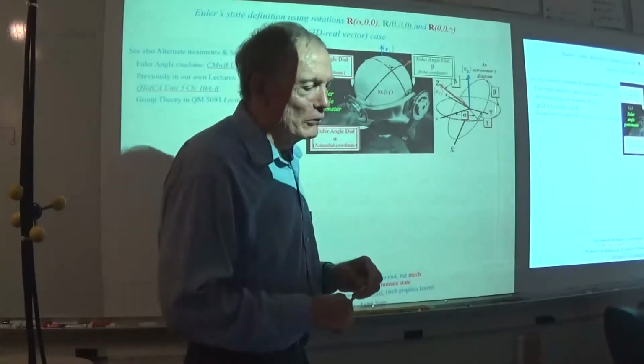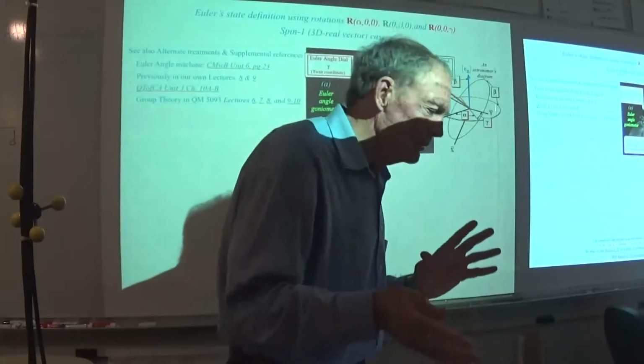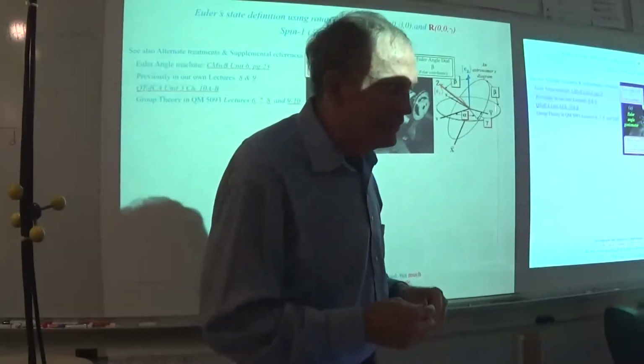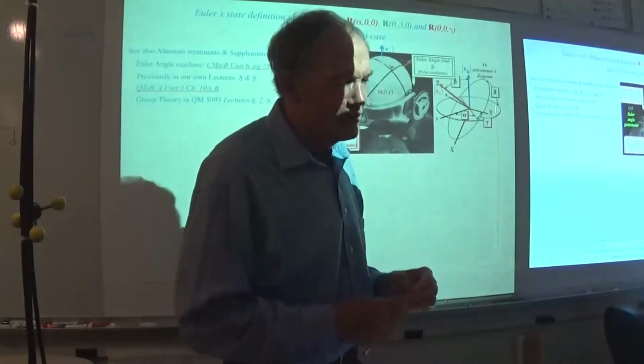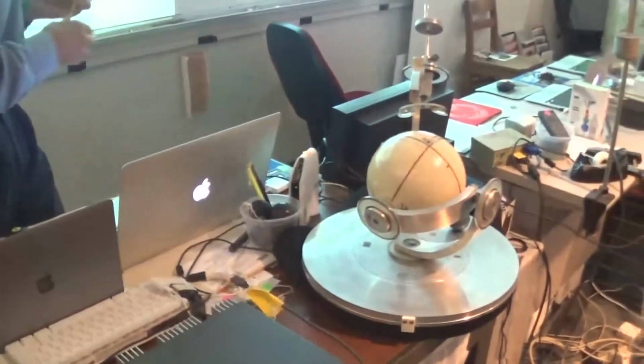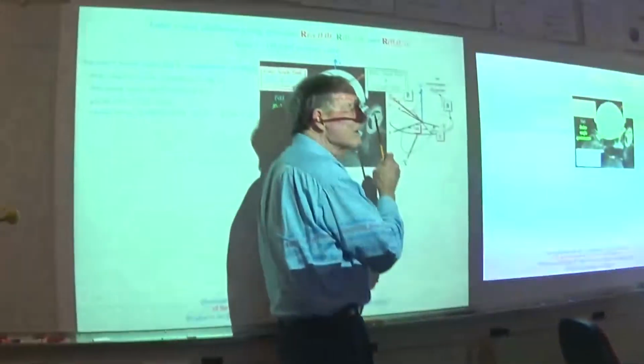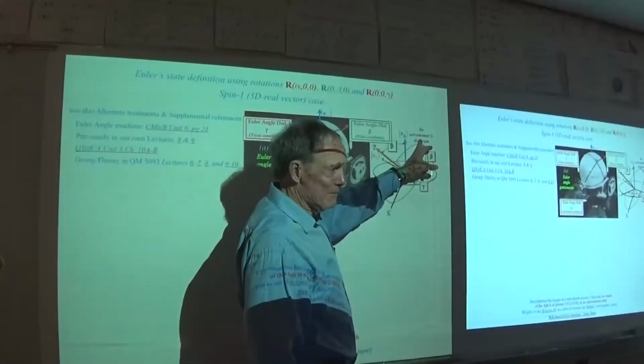I built this one at Georgia Tech with the help of an ordinary machinist, where I had to draw the 3D drawings, and then some of the things I had to machine myself. And that was good practice for running a mill and a lathe. But anyway, basic idea is that the Euler angles that you see in every textbook, they almost always are pictured exactly like that, is an astronomer's diagram.